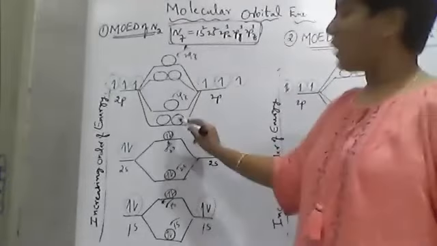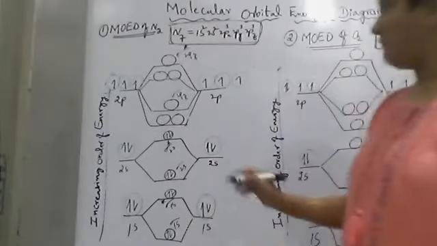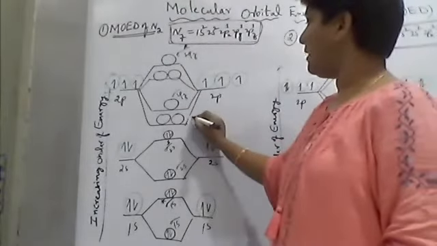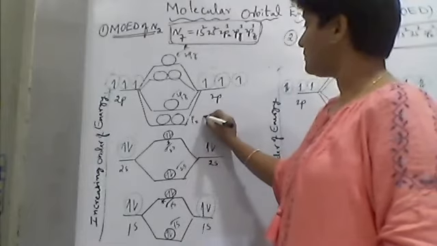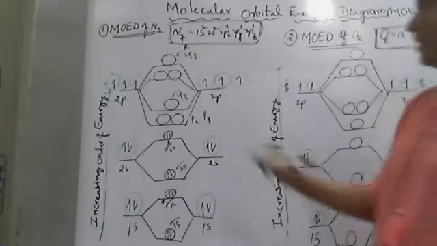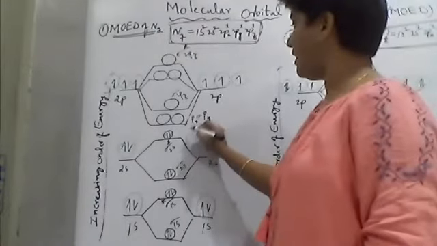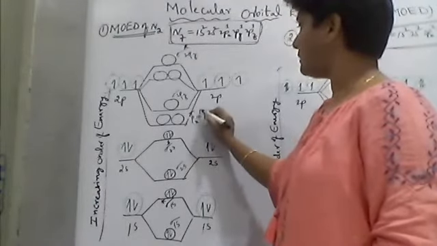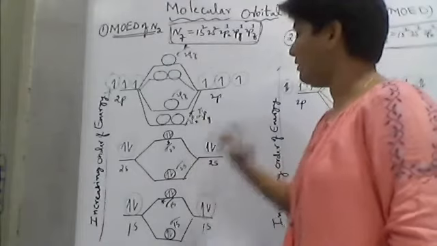Next, these two are what? Px and py. The px and py will form a pi bond. Since these are at the same energy level, px equal to py, and they form pi, pi. 2px, 2py.